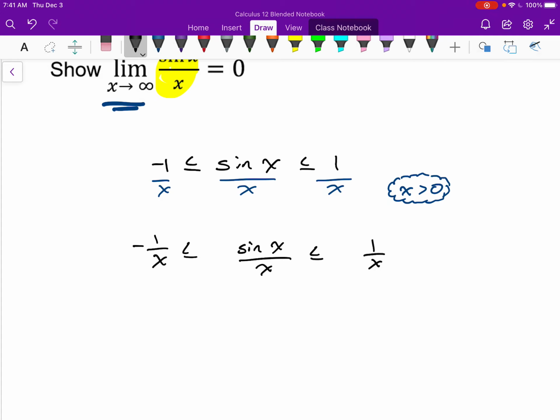Well, again, at this point, while I can't directly evaluate the limit as x approaches infinity for sine x over x, I can do that for these other left and right sides of the inequality. And the limit as x approaches infinity of -1 over x has to be 0.